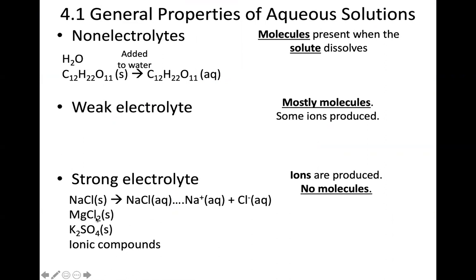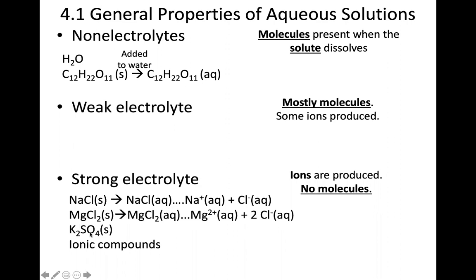So when I think about magnesium chloride, if I say magnesium chloride aqueous, I've dissolved it in water. I have to think, okay, what is that aqueous telling me? It's telling me that it has broken apart into the corresponding ions. Magnesium 2+ and 2 of the chlorides that are there. That's how I'm interpreting what happens with magnesium chloride aqueous.